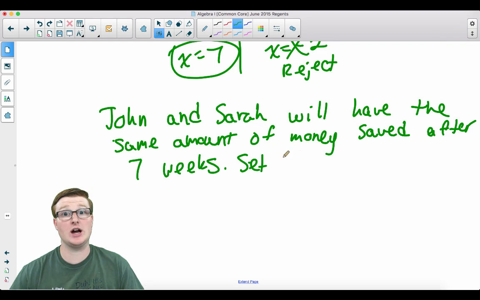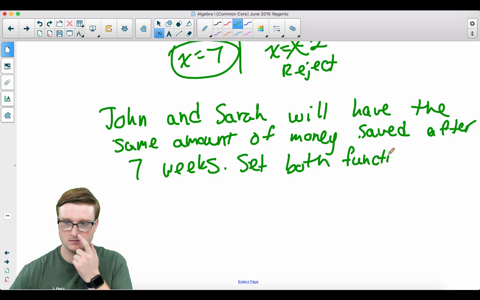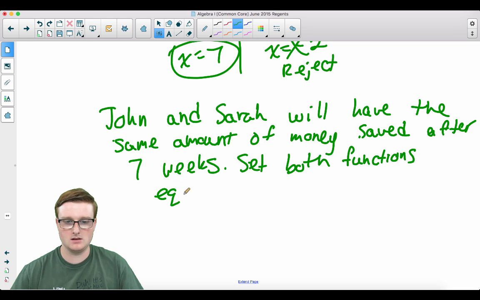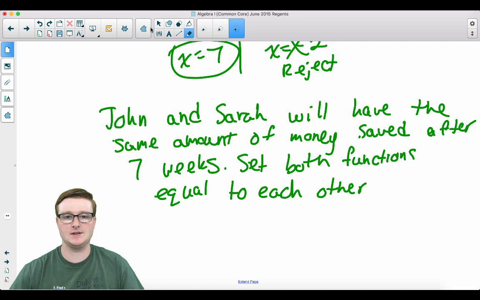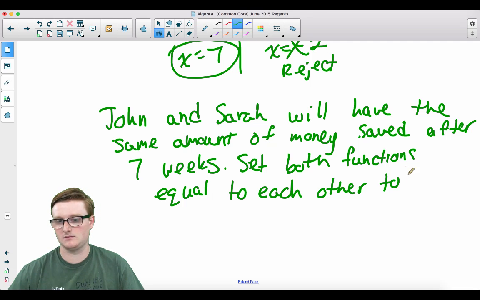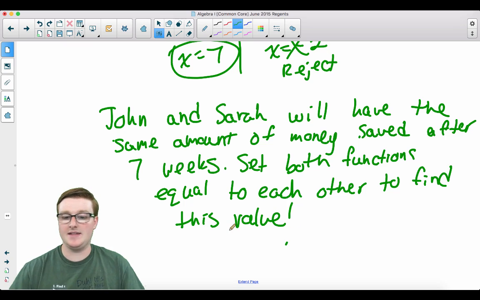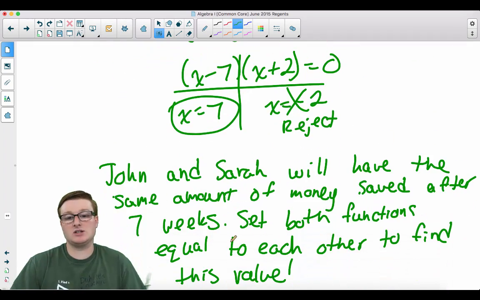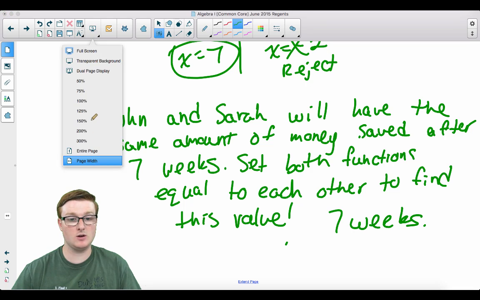And how you do this, and this is your explanation piece, set both functions equal to each other to find this value. And that's it. So 7 weeks. After how many weeks? So that is your answer. 7 weeks. All right. That's how you do that question.